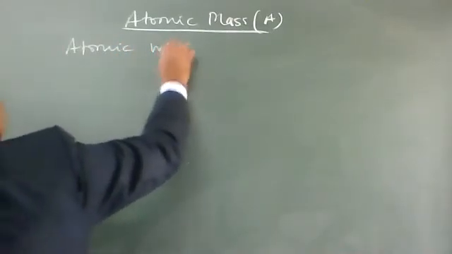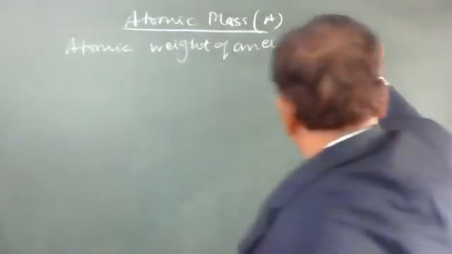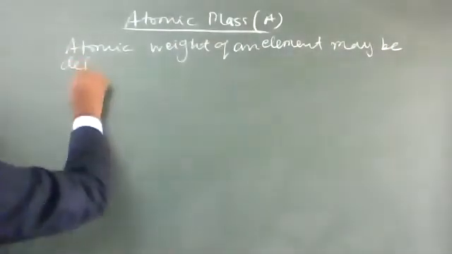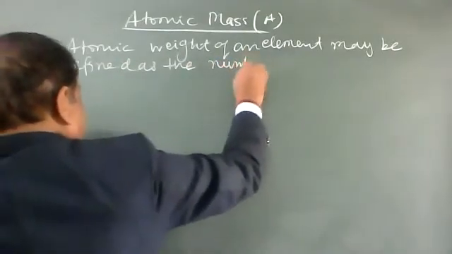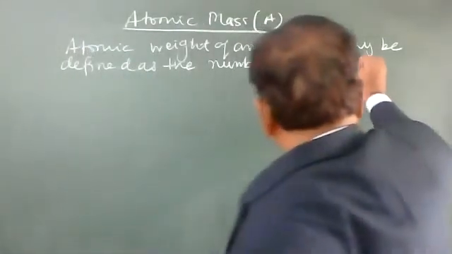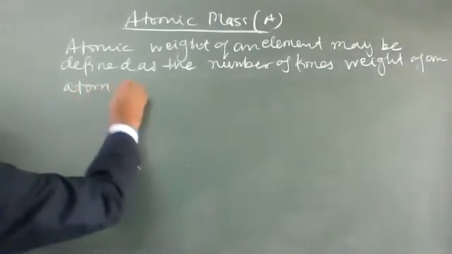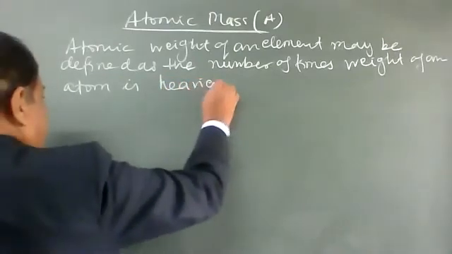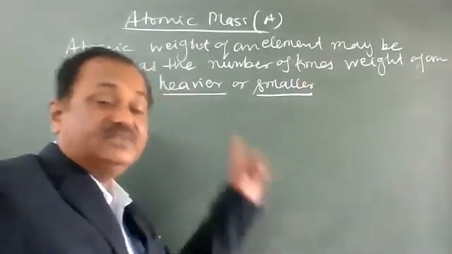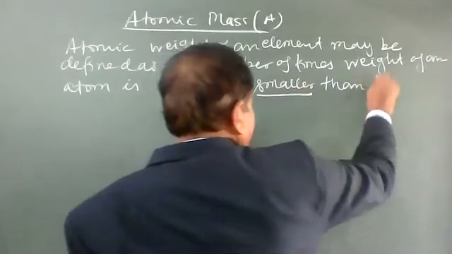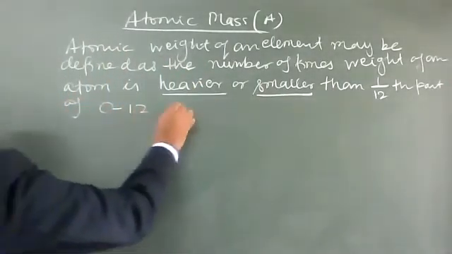The atomic weight of an element may be defined as the number of times the weight of an atom is heavier or smaller than 1 upon 12 part of a C12 atom.